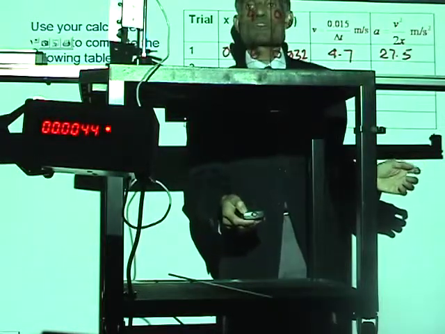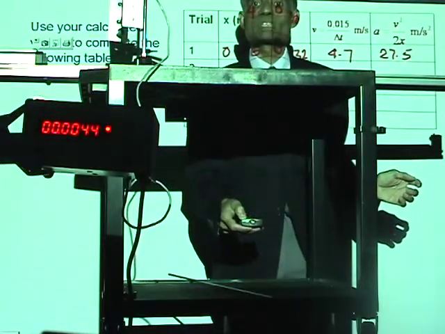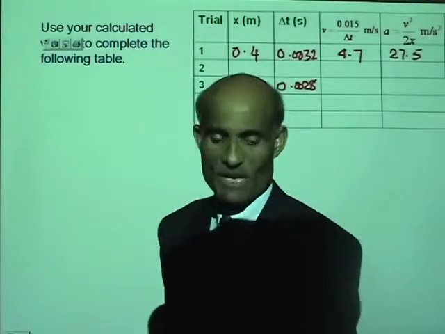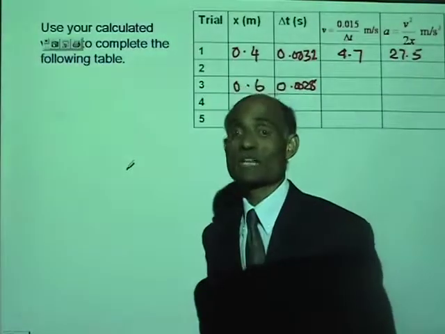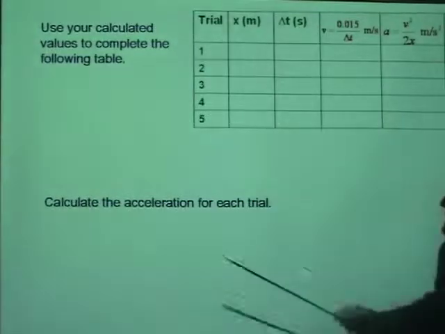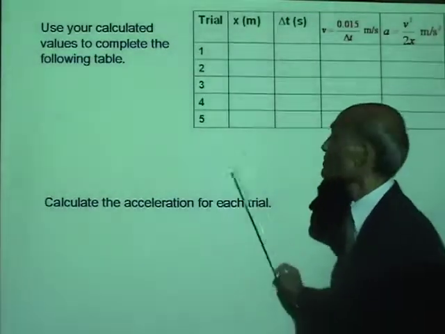I'm going to leave that for you to complete the worksheet and email it to me. Alright, you're ready to do the worksheet and complete it and email that to me as soon as possible. Now calculate the acceleration of each trial.